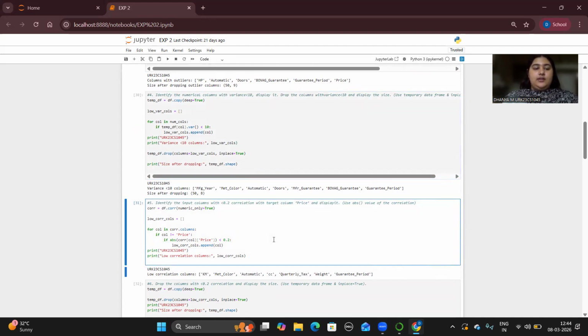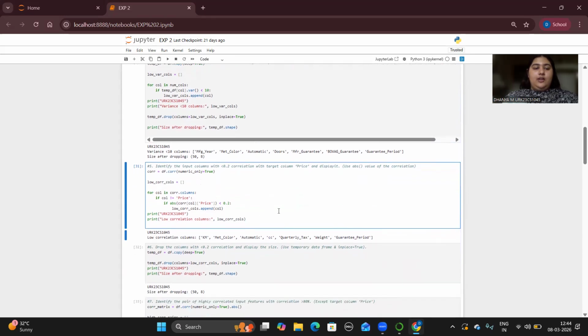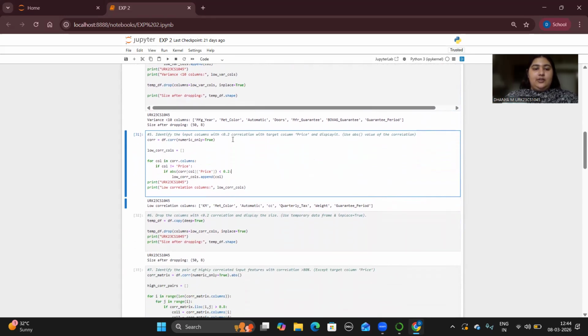And for the fifth question, I have identified the input columns and have calculated input columns with less than 0.2 correlation. So correlation measures the relationship between two variables. The correlation coefficient ranges between -1 and +1. +1 is a strong positive relationship, -1 is a strong negative relationship, and 0 means no relationship.